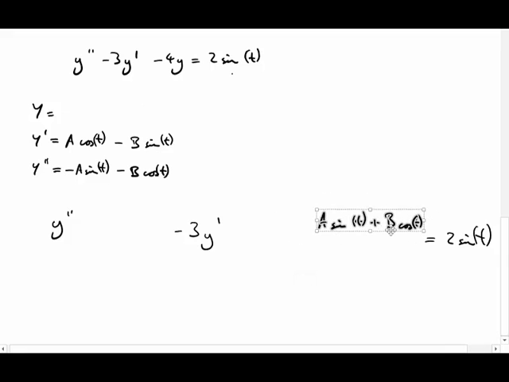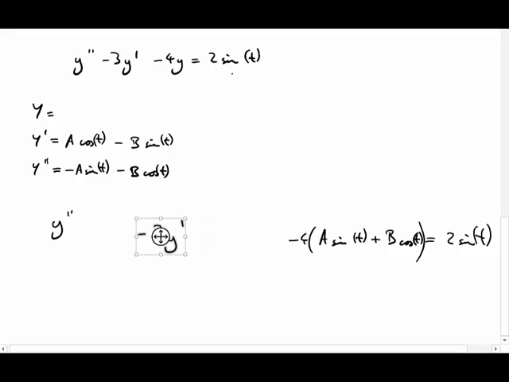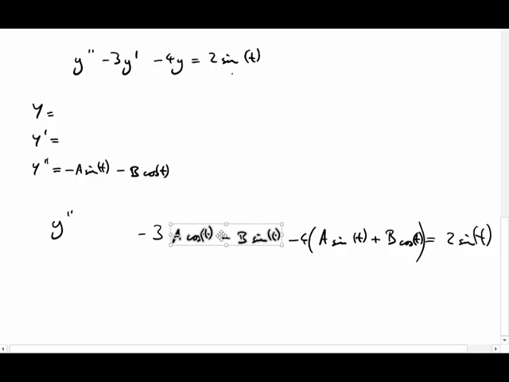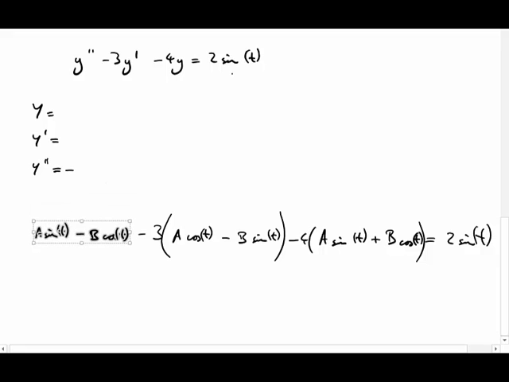Okay, so this is minus 4 lots of all of that. And then we've got minus 3y dash. So let's move this over a little bit. So minus 3y dash, in other words, minus 3 times all of that thing. Yeah, that works. And then just y dash on the end, so just all of that thing, just over here. Okay, cool.